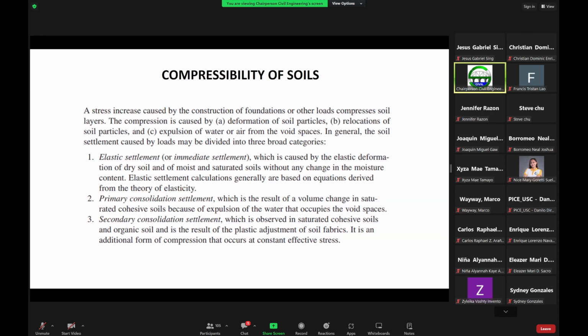Normally, we specify, say, 25 or 50 millimeter settlement criteria. Sometimes the designer would also specify the settlement criteria. For example, in overhead transmission line structures, the designer can have settlement criteria as much as 300 to 500 millimeters.